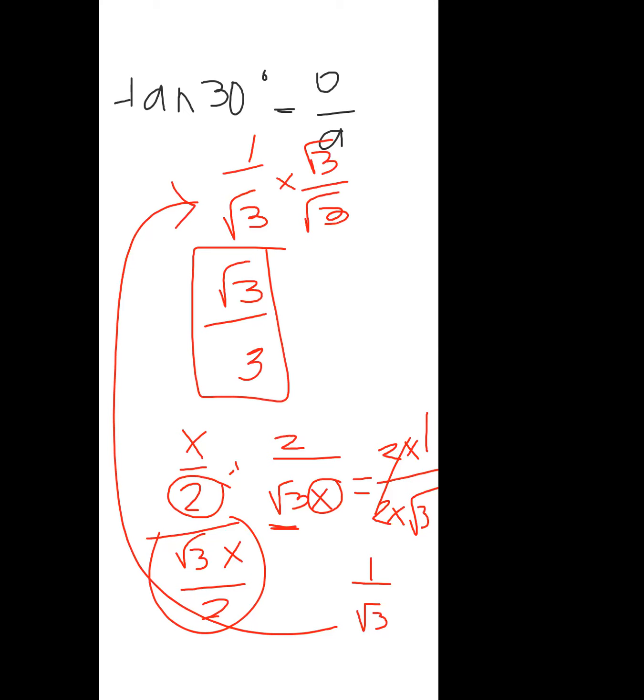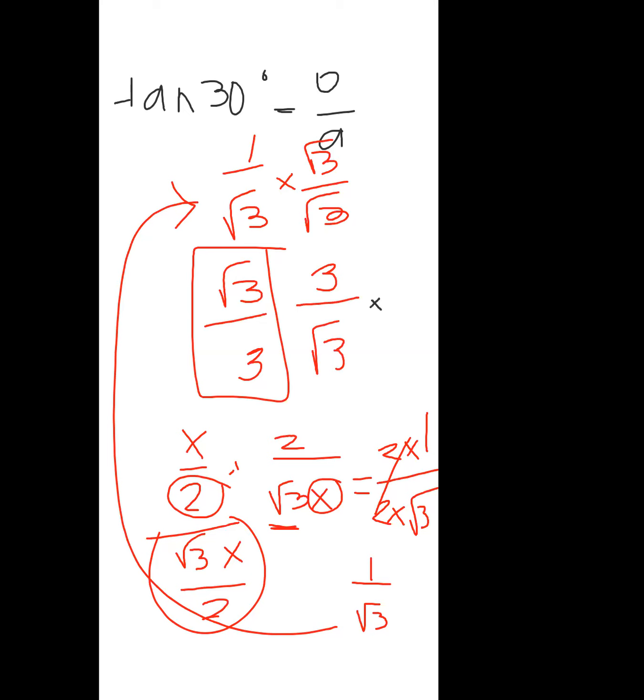And, paano naman natin kunin yung kanyang cofunction, which is si cotangent 30 degrees. So, kunin natin yung reciprocal ng square root of 3 over 3. So, magiging 3 over square root of 3. At, hindi pa yan final, ang kailangan natin is to rationalize.